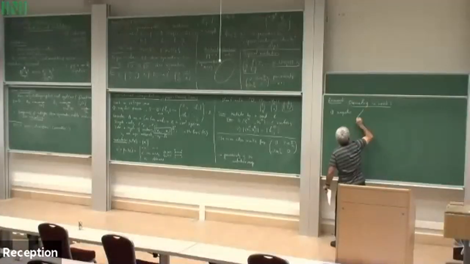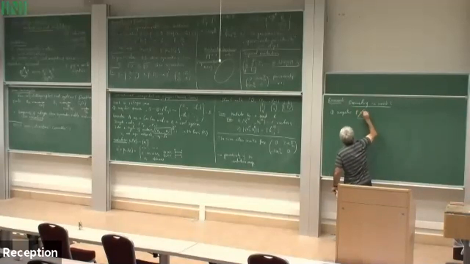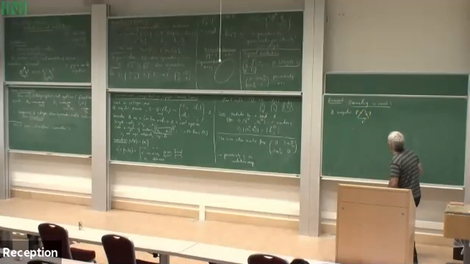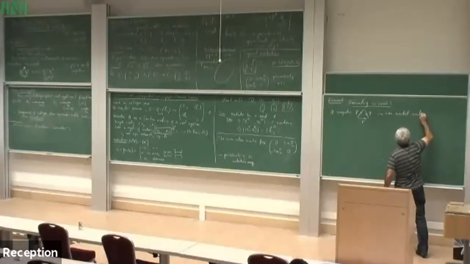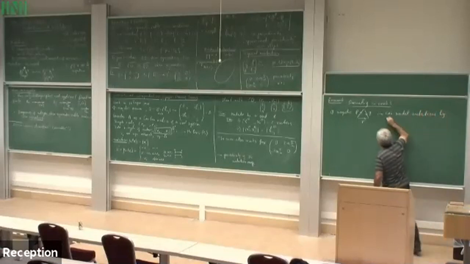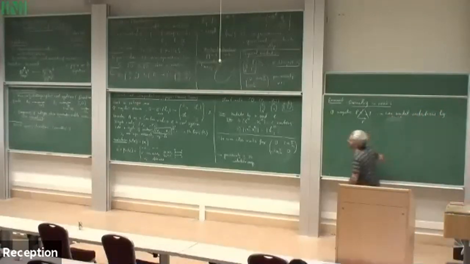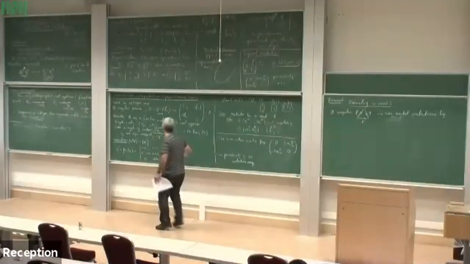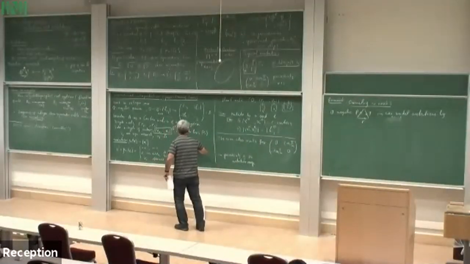Let me write it. We can model mutations by reflections. Let me also call this procedure partial reflection.